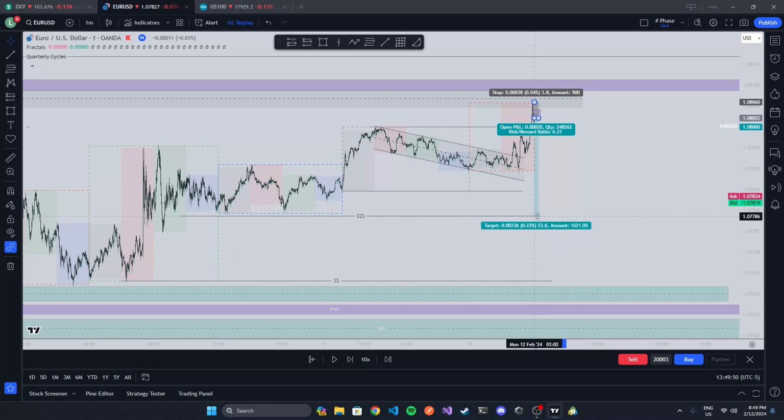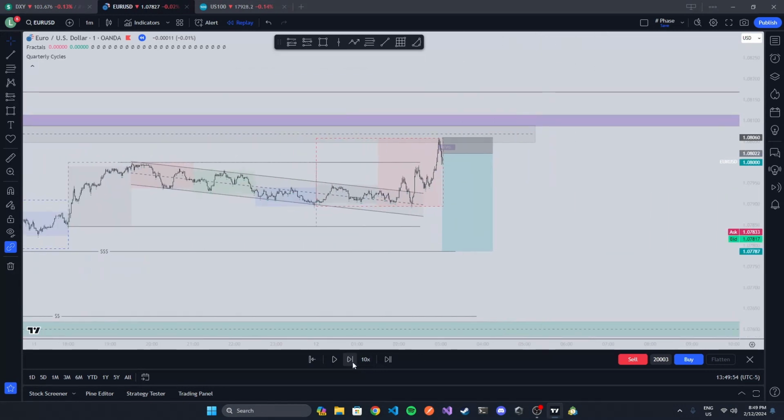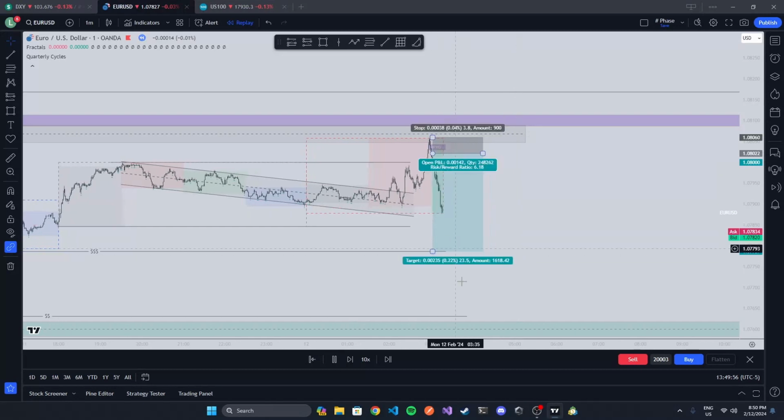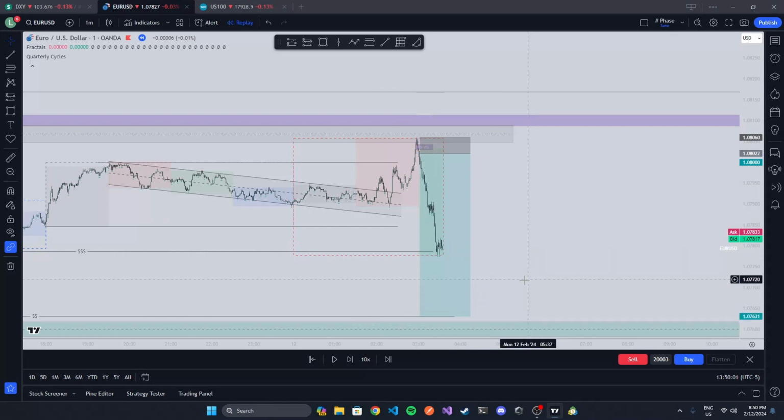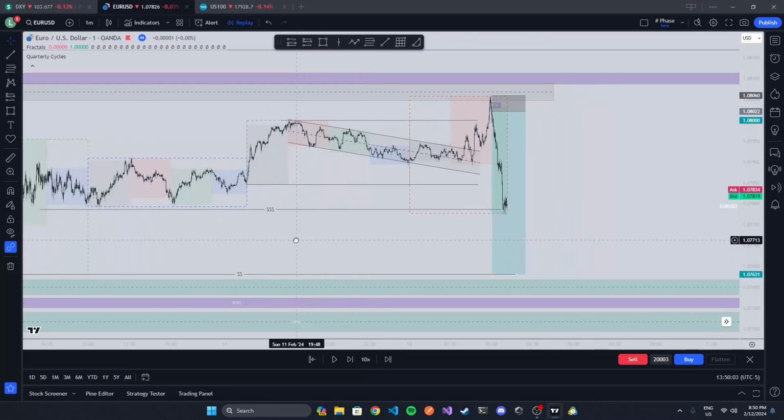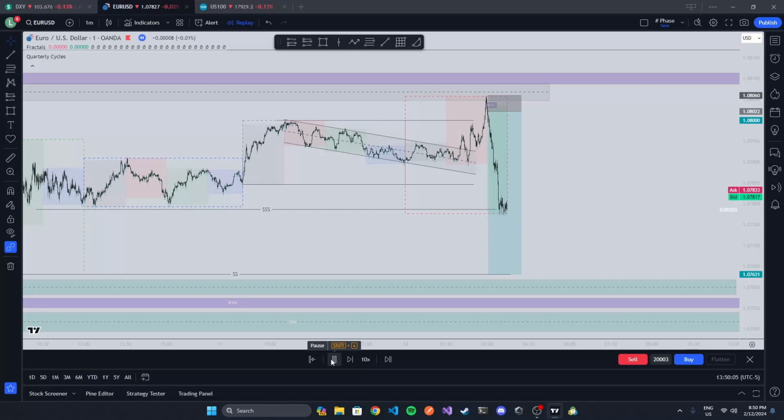So what I did is I took 75% of my profits from this area. So just let price run. I took 75% of my profits off of this area, and I let the rest run down to this extreme time-based liquidity down below.